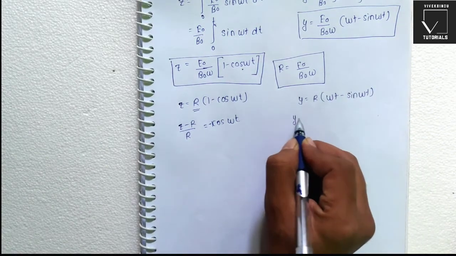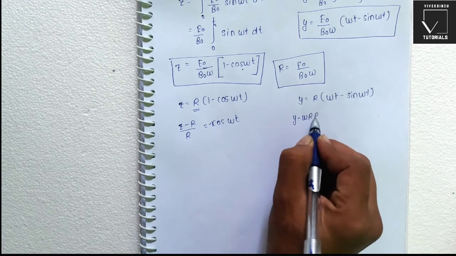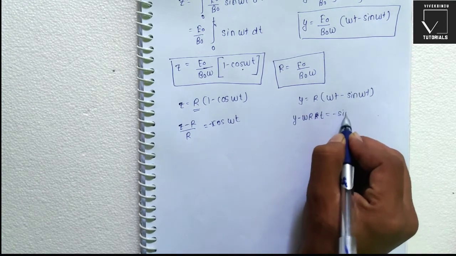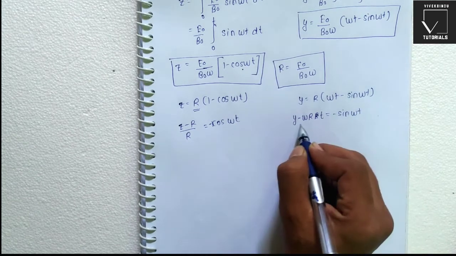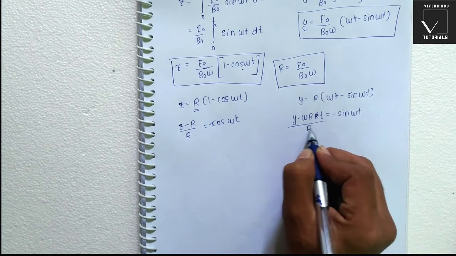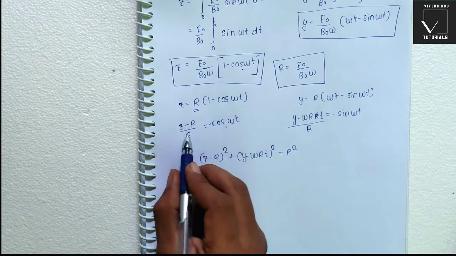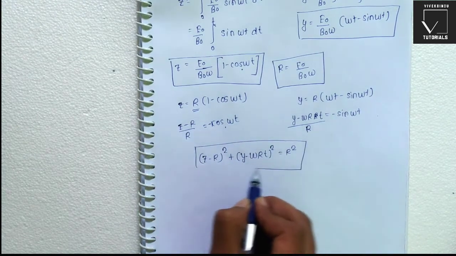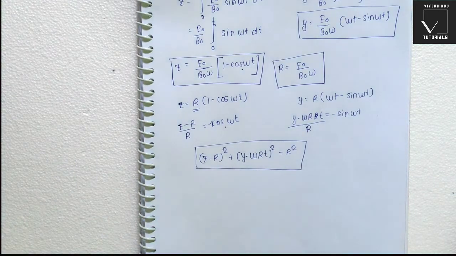So (y minus omega r t) upon r is equal to minus sin omega t. After squaring and adding both equations, we get our final equation (z minus r) squared plus (y minus omega r t) squared is equal to r squared. So this is the trajectory for cycloid motion.